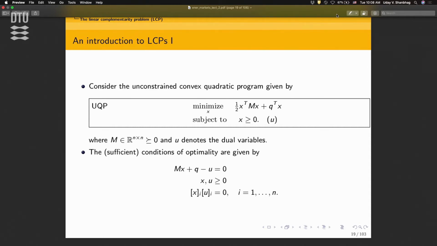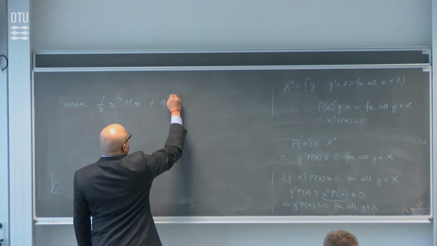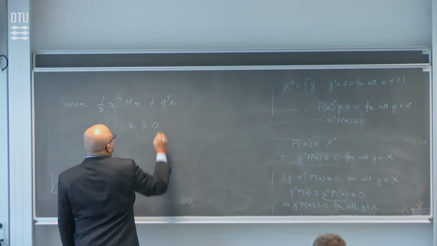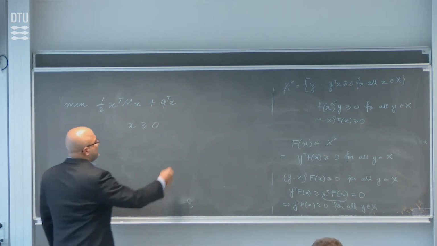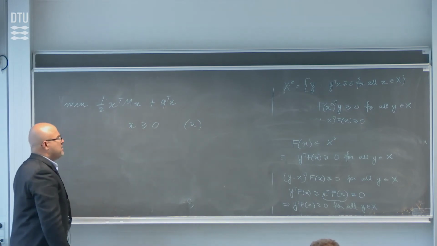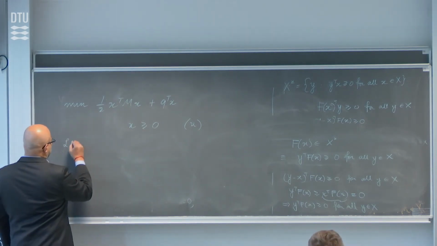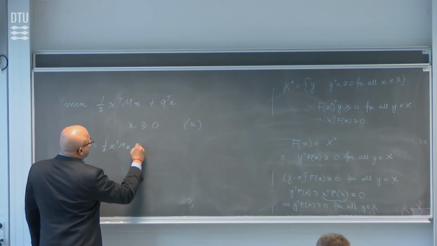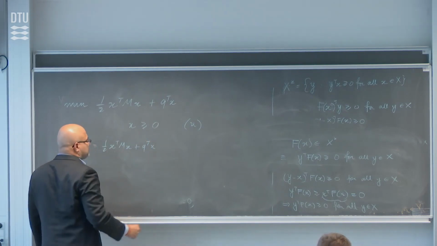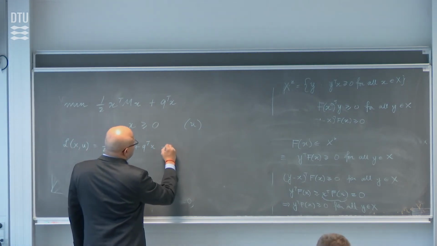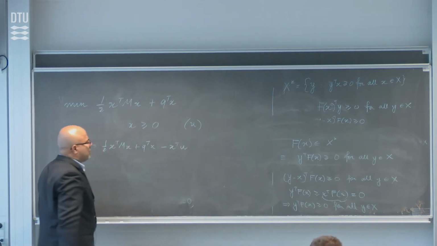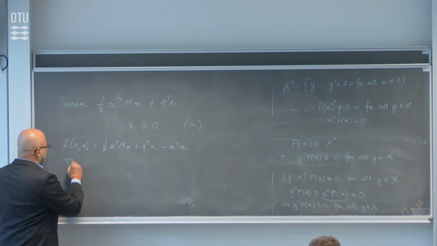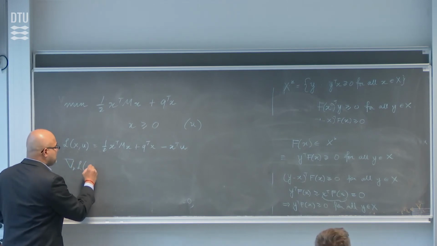So if I have a problem like this, the general way we do it, and you'll get used to this, is write out the Lagrangian function. Now I'm going to differentiate the Lagrangian function and set that derivative to be 0.